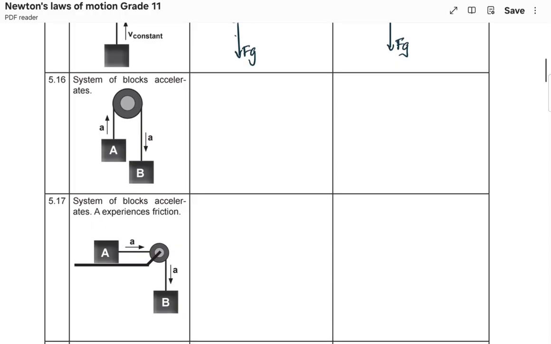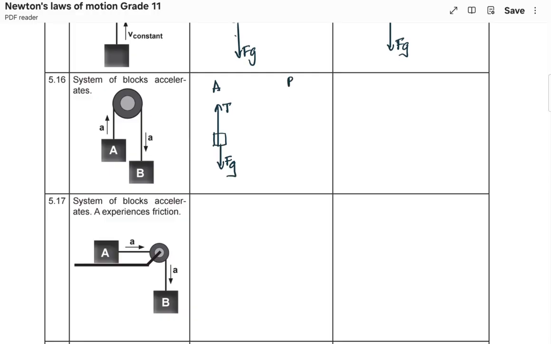Now the system of the two blocks accelerates. For A, because it's moving up, the tension will be greater than Fg.